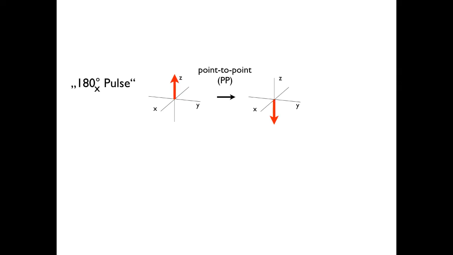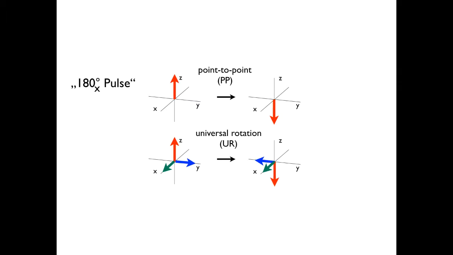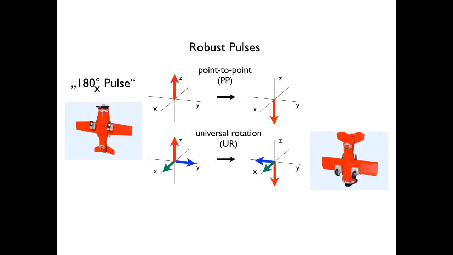Okay, we can do similar things with 180-degree pulses, so around the x-axis, point-to-point pulse. You actually don't care about the axis, you just go from z to minus z. A universal rotation pulse would respect the rotation axis, so would have, for example, this case. And in terms of this LEGO plane, here we have this inversion.